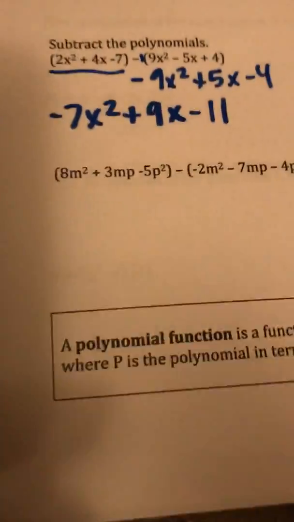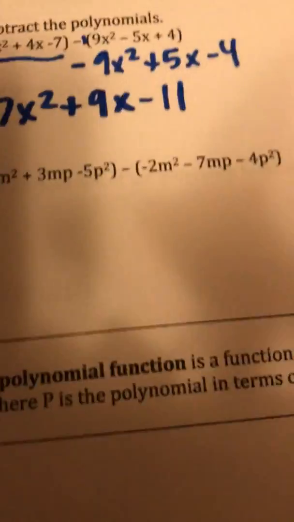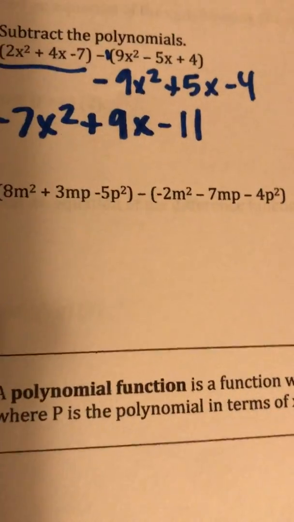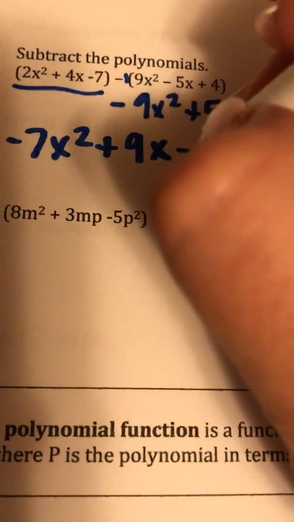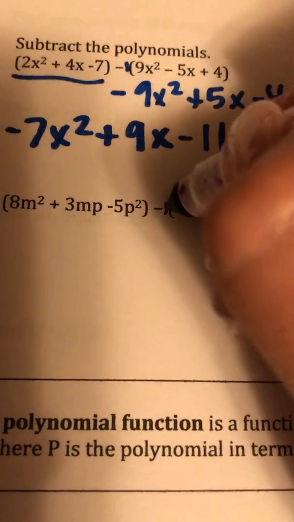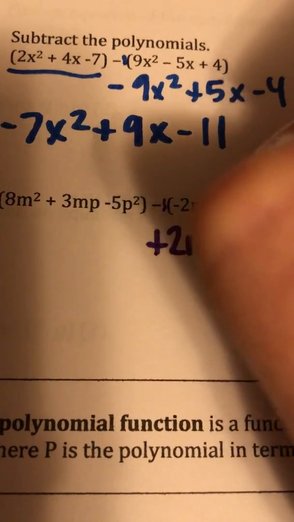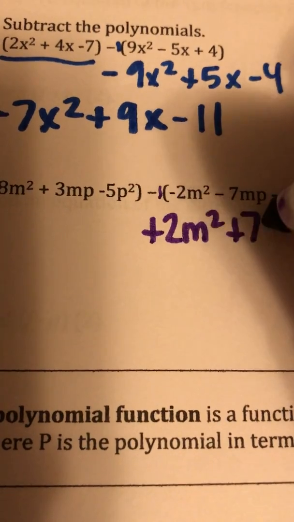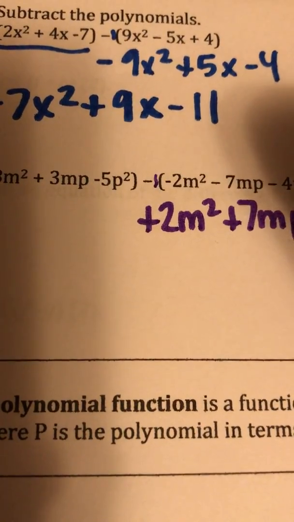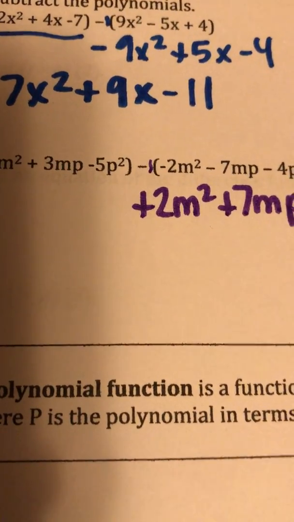Go ahead and pause it again. Try this one out, and then unpause it. We're going to distribute our negative 1, so this will be plus 2m squared plus 7mp plus 4p squared.